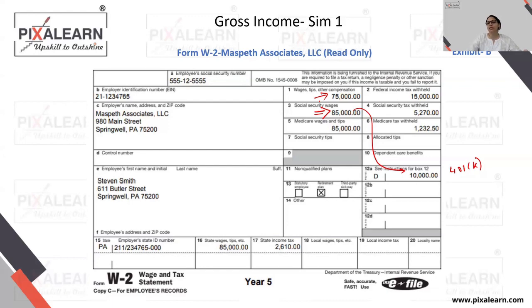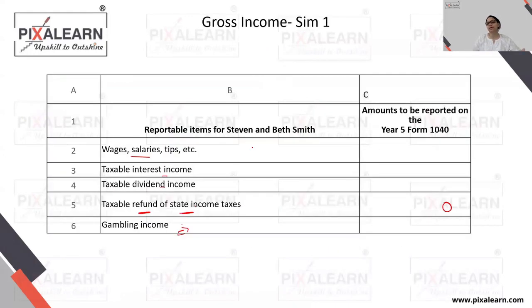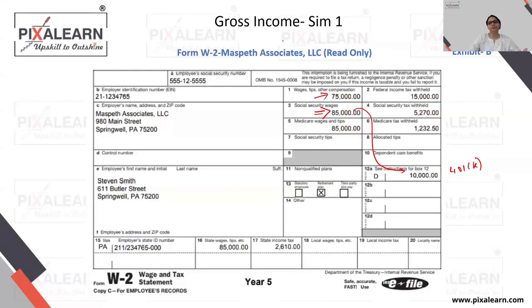So what figure are we going to take as his wages, guys? So this is the husband, this is the wife. What is the wage figure that I'm going to take for the husband? Is it 85,000 or is it 75,000? How much has he earned?